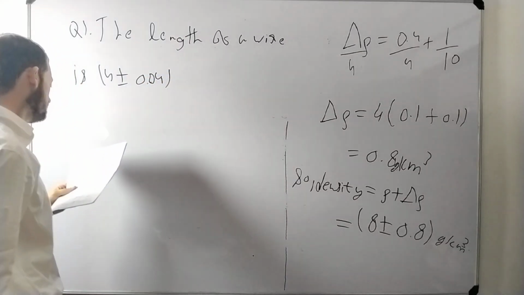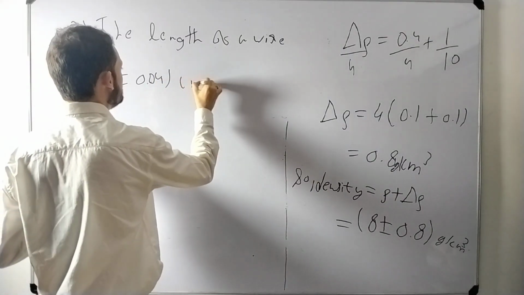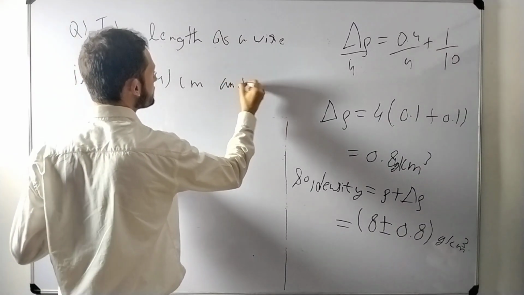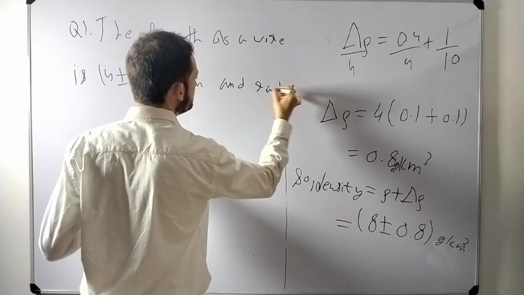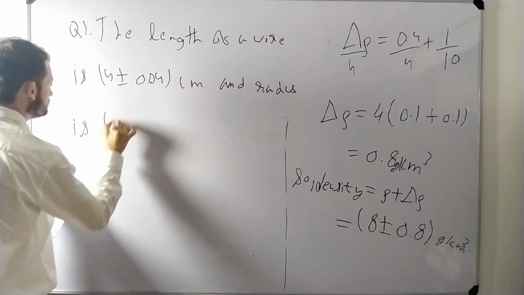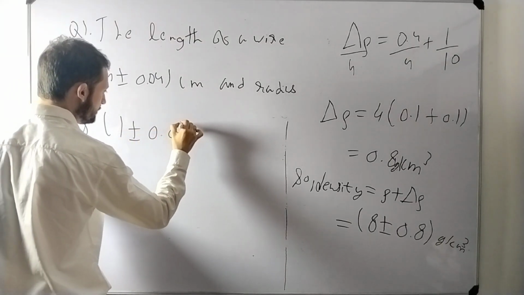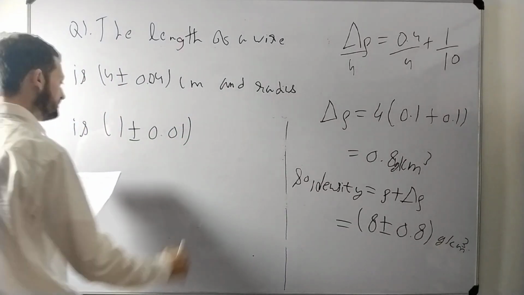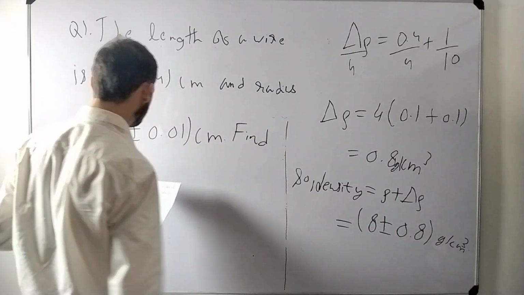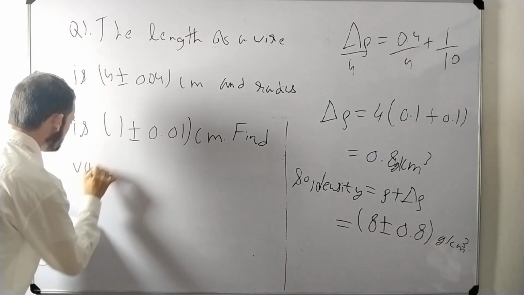This makes 0.04 centimeter, and radius is 1. This one is 0.01 centimeter. Find what, students? So you have to tell us. Find volume of wire.